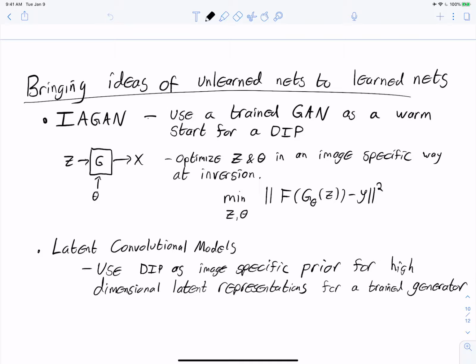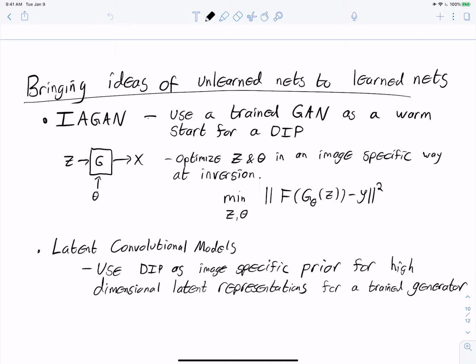Right? So philosophically, this is a bit different than just simply using the GAN G as a prior, because there the idea was you trained a generative model to sample from this distribution, and you're asking for the object in the range of that generative model that's as close as possible.